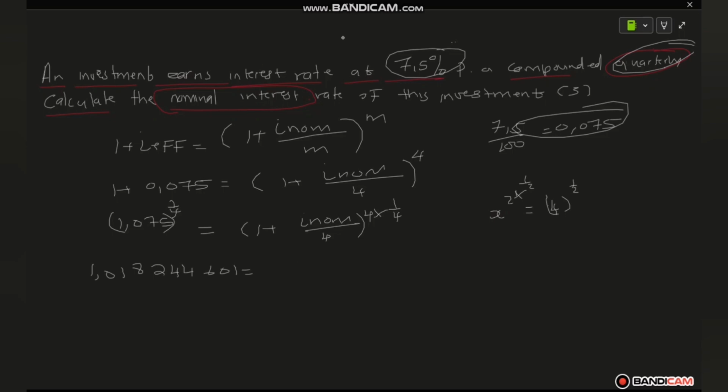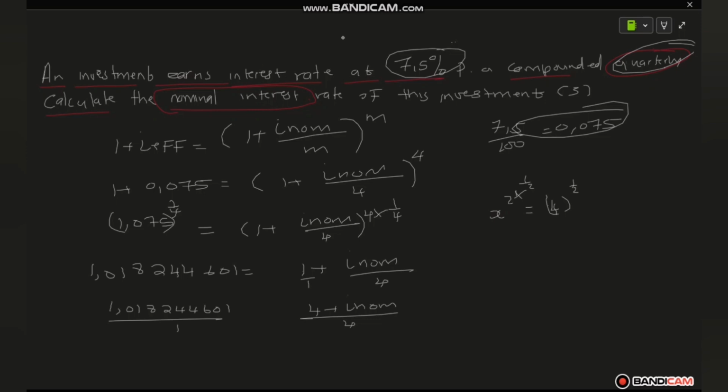Then the answer is going to be 1 plus I nominal over 4. We cancel the 4, right? Then we cross multiply over 4 equal to 1.018244601.